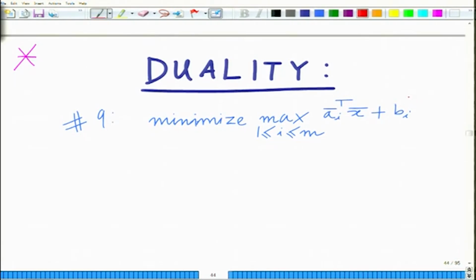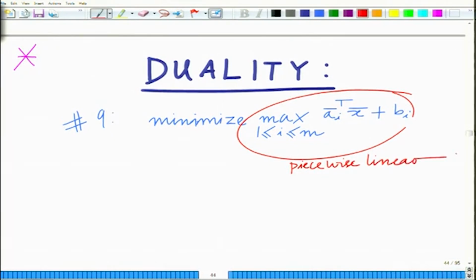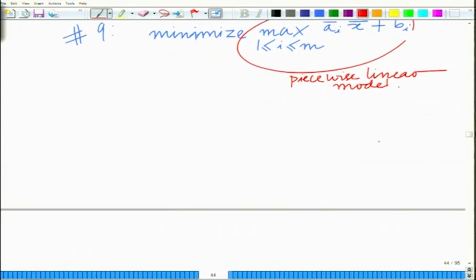And this is known as a piecewise linear model. For instance, what you can see is each of these represents a line. Therefore, if you look at these different lines and now you take the maximum, the maximum will look something like this.